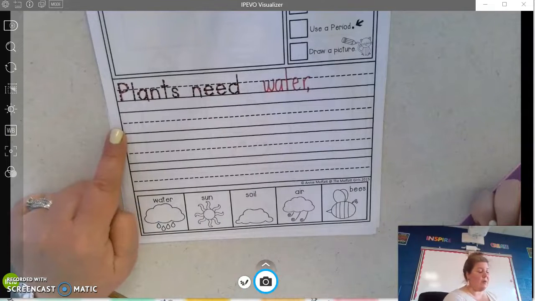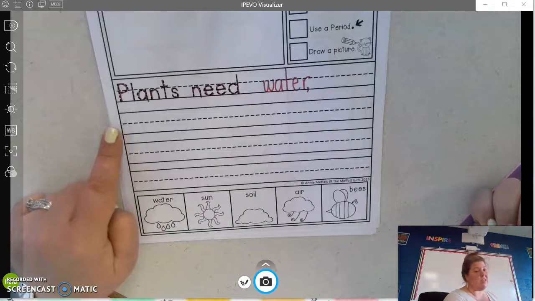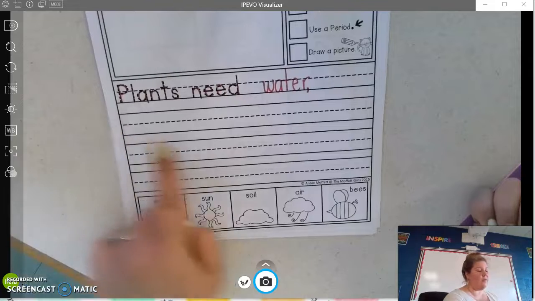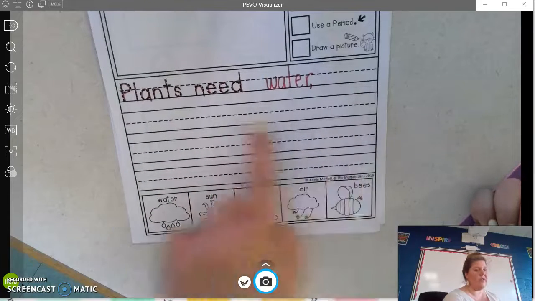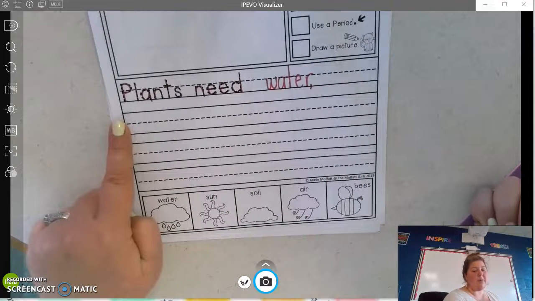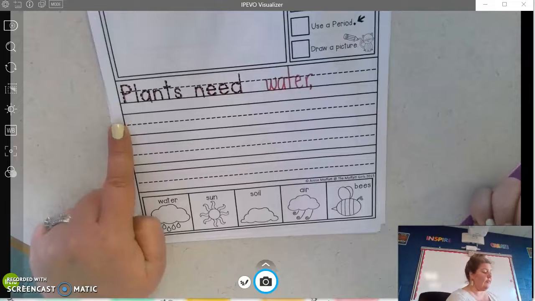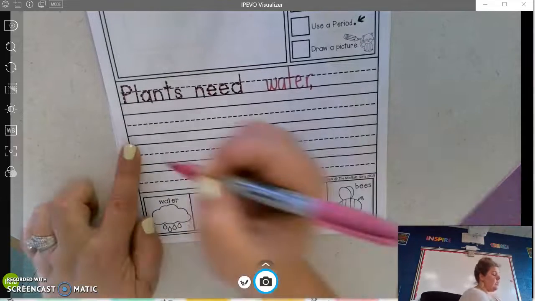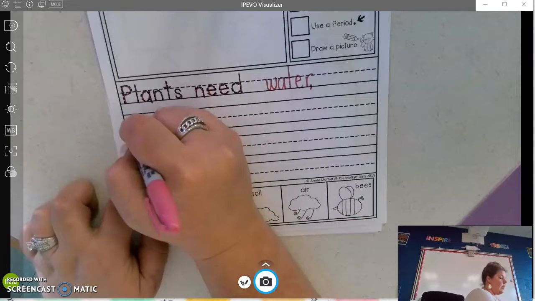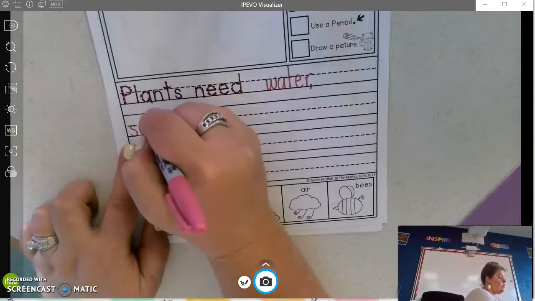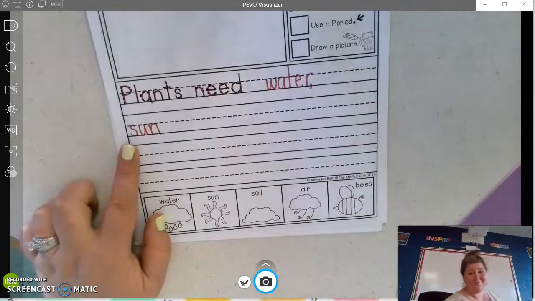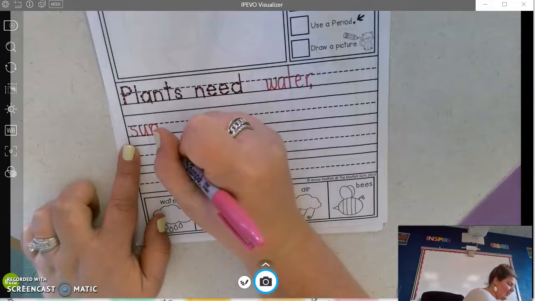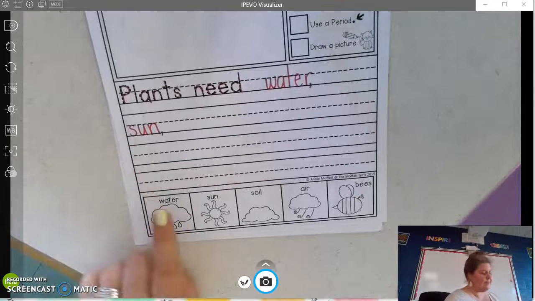Let's go down here. Remember, when we drop down to the next line, we always go all the way over. We're not going to start in the middle or over here. We always drop down and come all the way over to the left. So we said water. Sun is next. S-U-N. Another comma. A little hook across the bottom line.